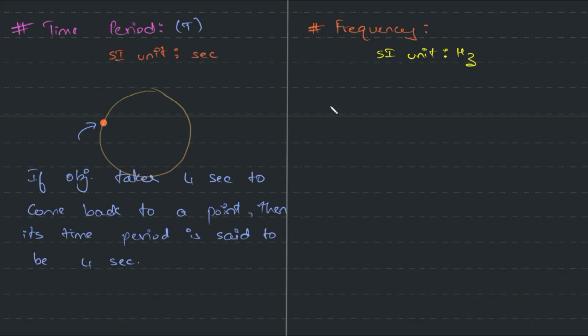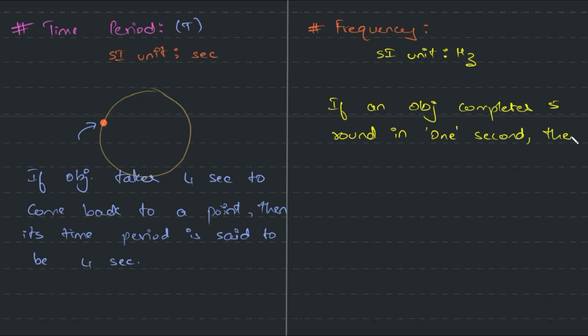Now, frequency has to do with this: if an object completes 5 rounds in 1 second, this is important, then frequency is said to be 5 Hertz. That's it.